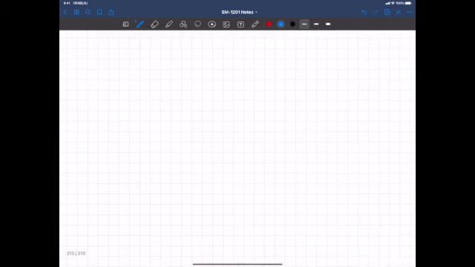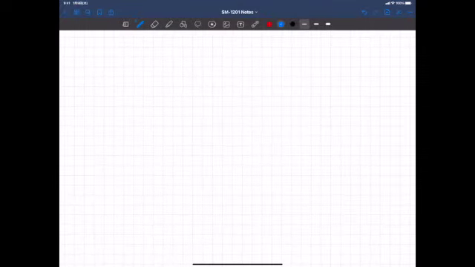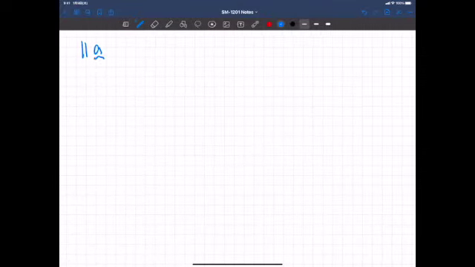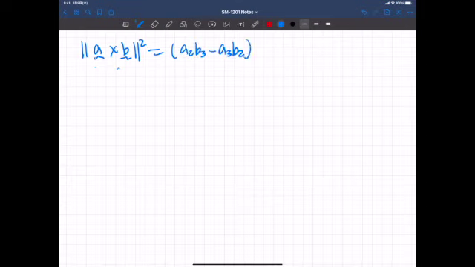Then we compute the modulus of A cross B. By applying the definition of the cross product, this is just the sum of squares of the elements of the cross product. So that's a2b3 minus a3b2 squared, plus a3b1 minus a1b3 squared, plus a1b2 minus a2b1 squared.